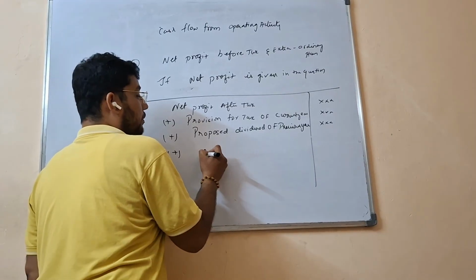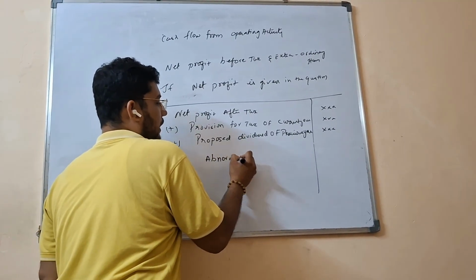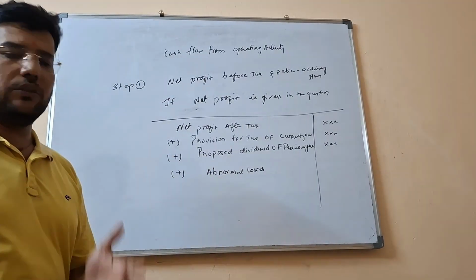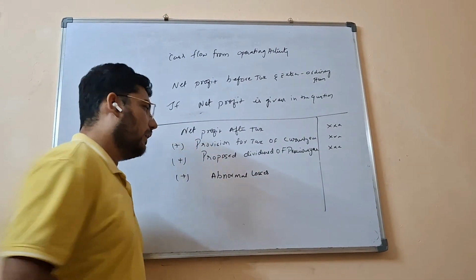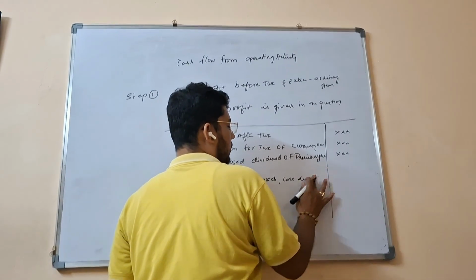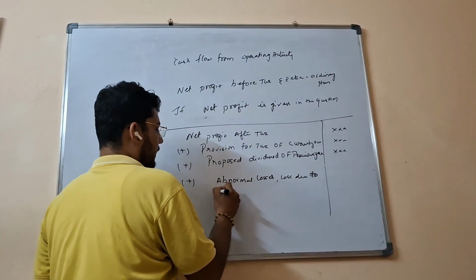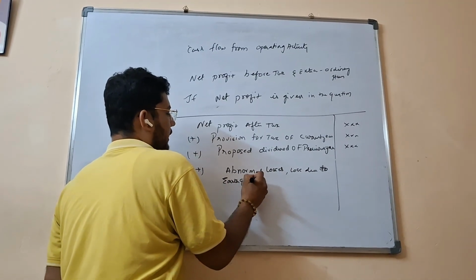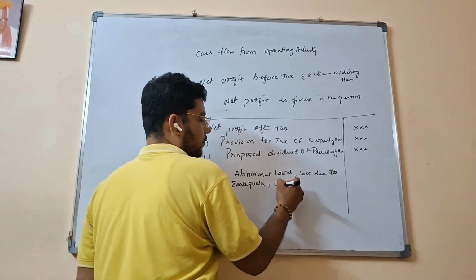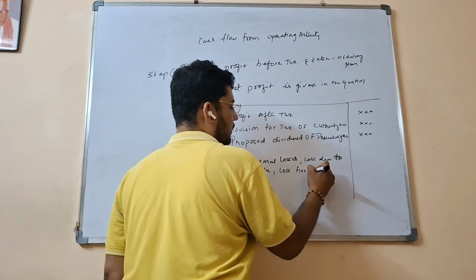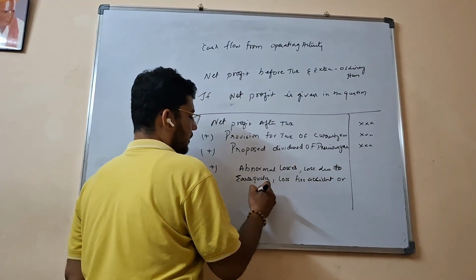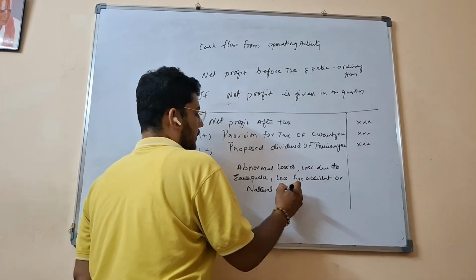Then we add any abnormal losses. Now what are these abnormal losses? Losses which are not controllable, which are not in our hands, like loss due to earthquake, loss due to fire accident, or natural calamities.